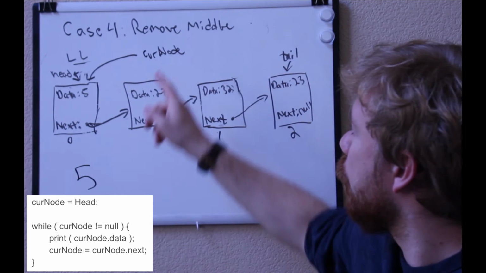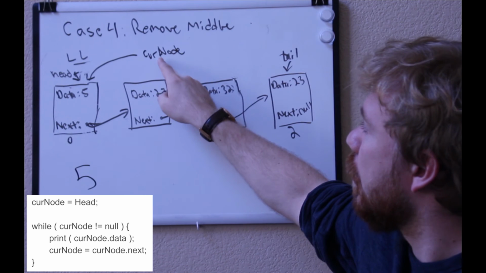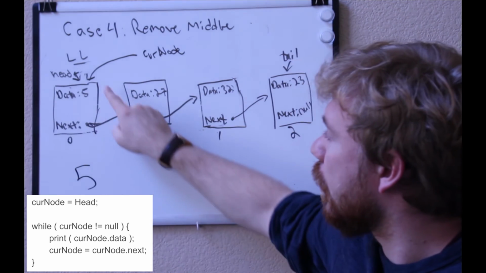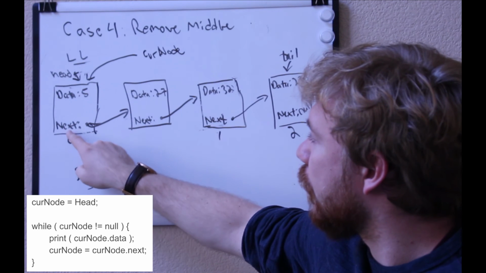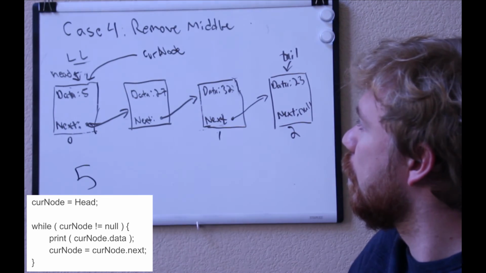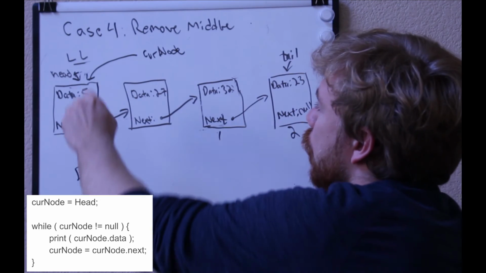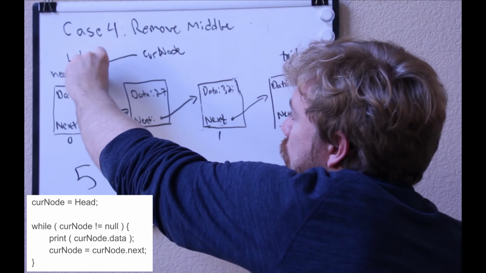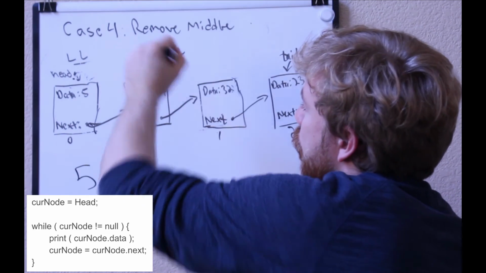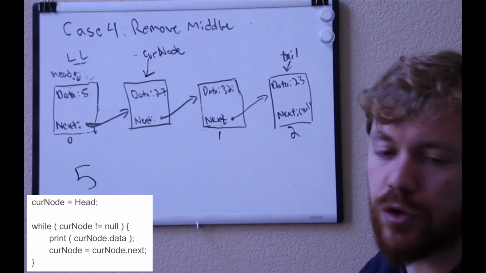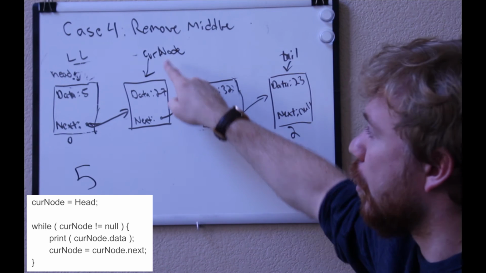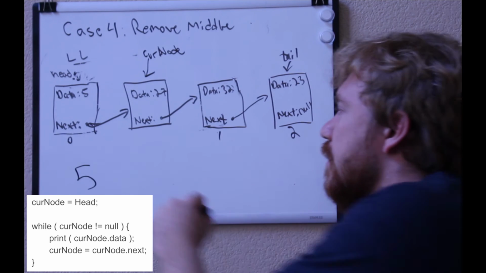Then we say current node is now equal to its own next variable. Since current node points to this node right here, this node's next variable references the next node. So we adjust where current node is referencing to be the next node. And then we continue with the loop. Current node is still not null, so we print its data, which is now 27.